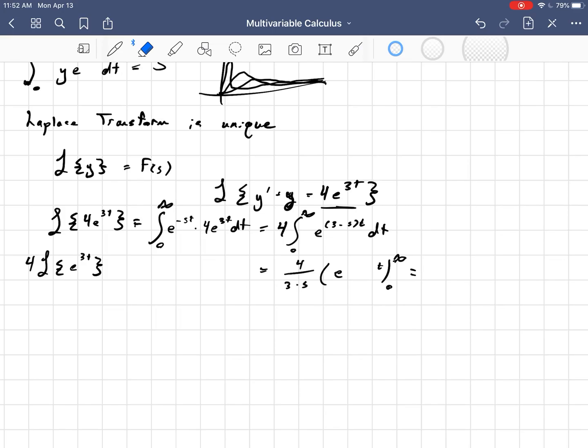To show that, if I write it as a negative s minus 3, if I have that negative out front, then the negative t will become a negative infinity, and that's 1 over e to the infinity, so that thing goes to 0. And then for the 0 bound, I'm going to put the negative sign here. We plug in t equals 0, we just get e to the 0 or 1. So the Laplace transform just becomes 4 over 3 minus s.